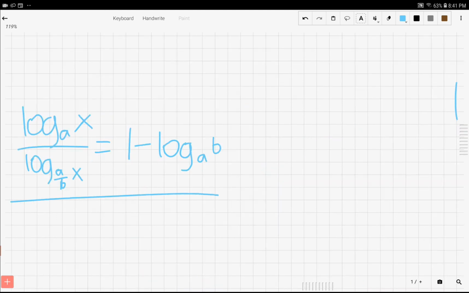Now this next one right here is just the bonus identity I decided to add here, and it's just based off the change of base formula. And there's a really simple proof for this.